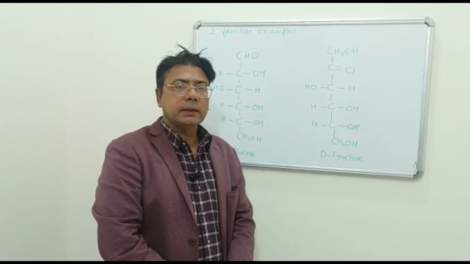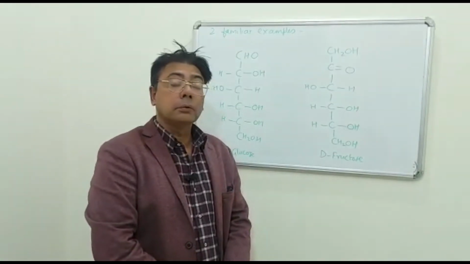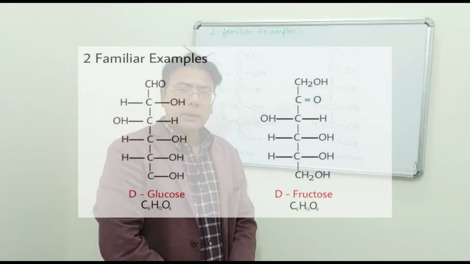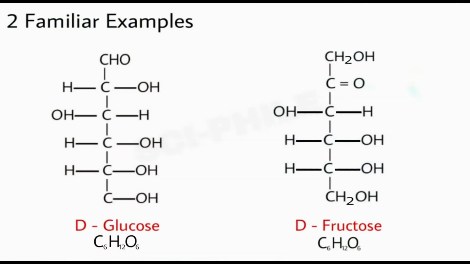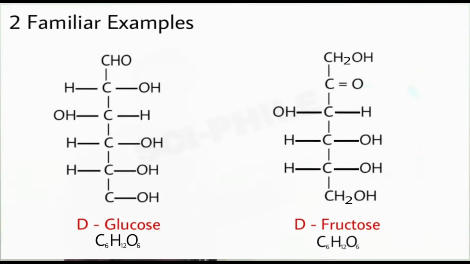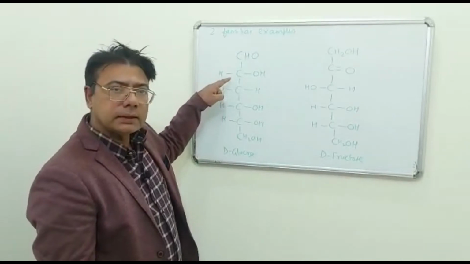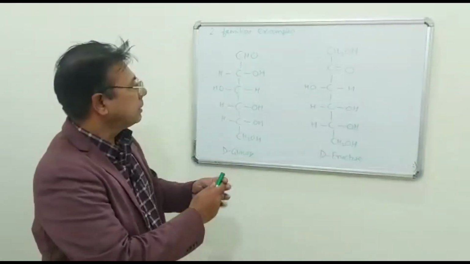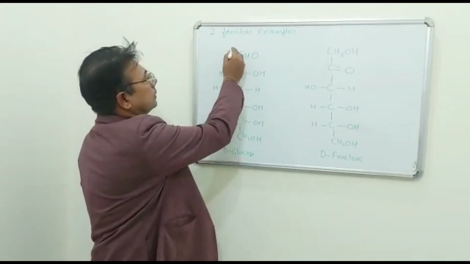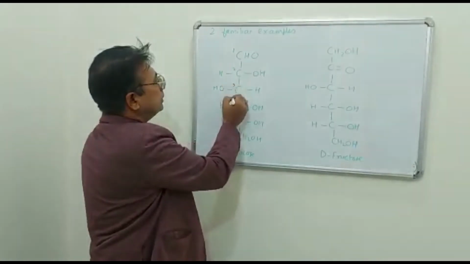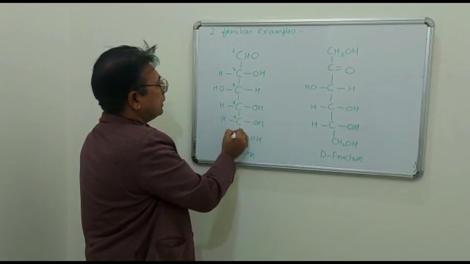Now, if you extend the definition to higher number of carbon atoms, here you can see two familiar examples of carbohydrates that every one of you should be familiar with. Here you see this is glucose. As you can see, it's a 6 carbon sugar and we number it like this: carbon 1, 2, 3, 4, 5 and 6.